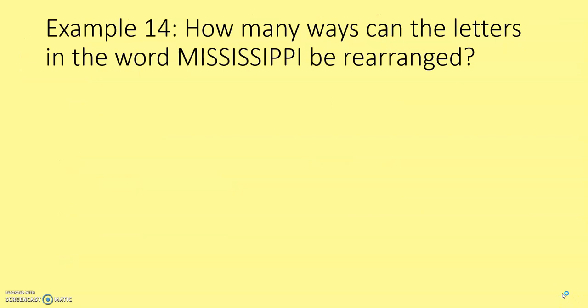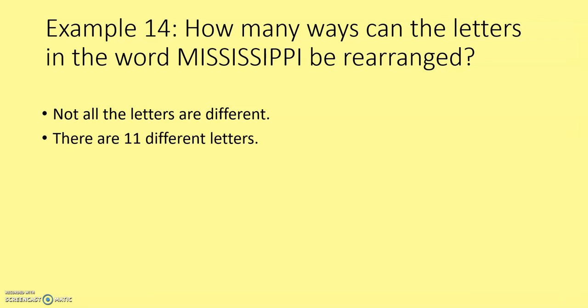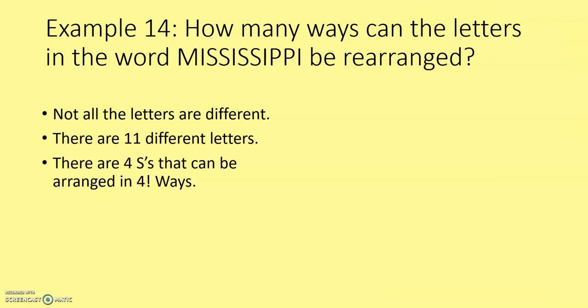Example 14. How many ways can the letters in the word Mississippi be rearranged? Not all the letters are different, but there are 11 letters. There are 4 S's that can be arranged in 4 factorial ways.